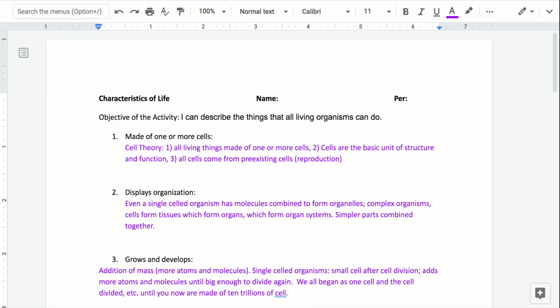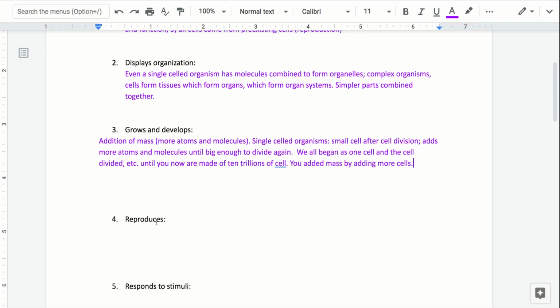Okay? So you added mass by adding more cells. And that's true of complex organisms. Imagine how many cells are in an organism like an elephant or a whale or something like that. Lots and lots of cells.